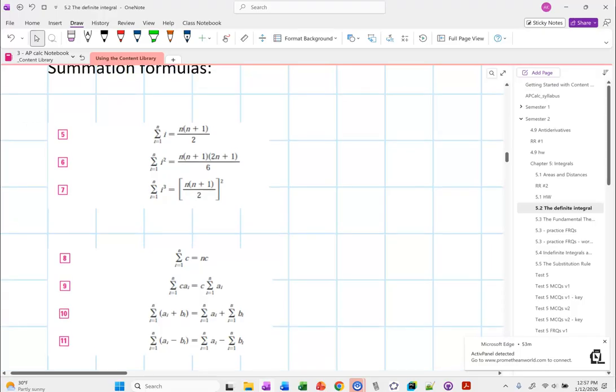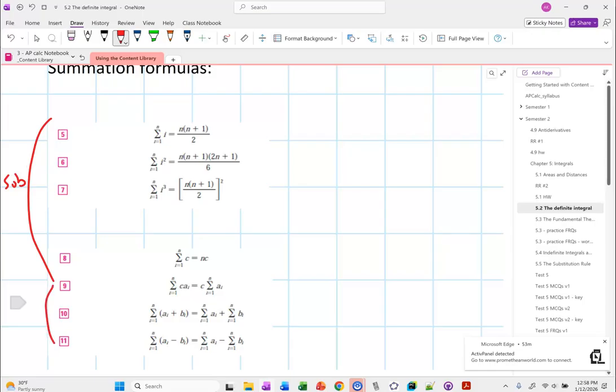To do that, I'm going to have to use some of these summation formulas, similar to the question that Anthony asked about earlier, where it gave us the sum of i cubed, I can use this formula. So these are like my substitution formulas, and these are like the algebra rules that I can use to manipulate my sums so that I can get to one of those substitution formulas.